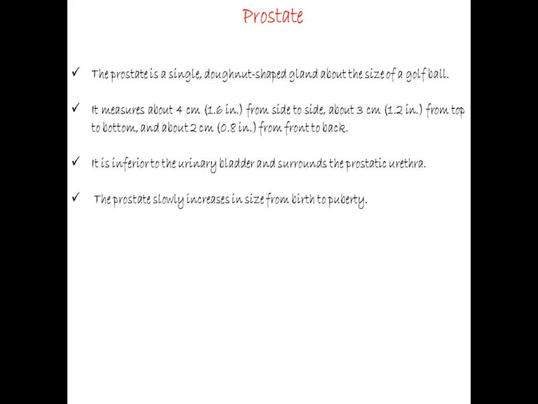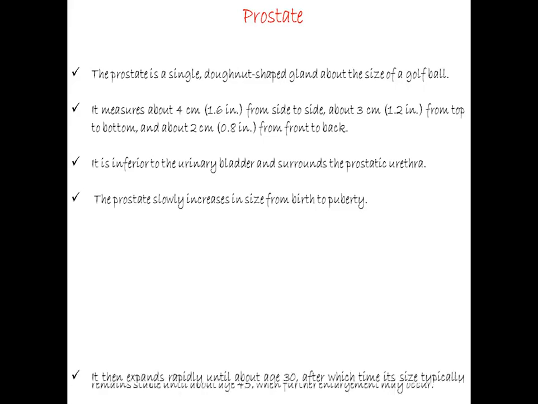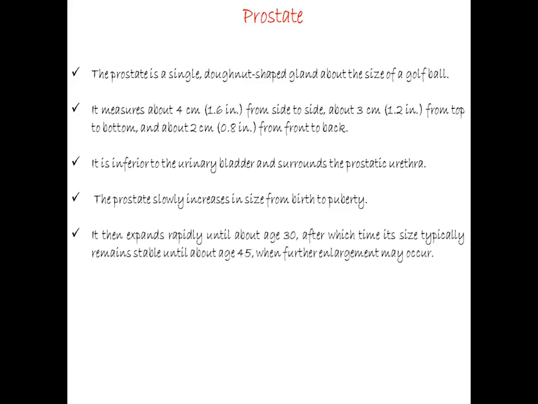The prostate slowly increases in size from birth to puberty. It then expands rapidly until about the age of 30, after which time its size typically remains stable until about the age of 45, when further enlargement may occur.